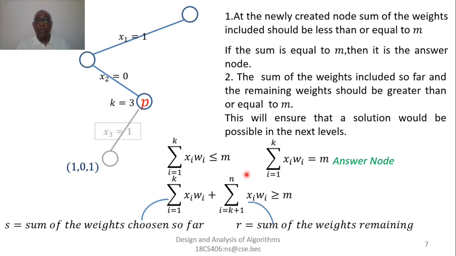Similarly, let's call this part of the sum, which is the sum of the weights remaining, as R. So R represents the sum of the weights remaining and yet to be considered, which are from Wk plus 1 to Wn.